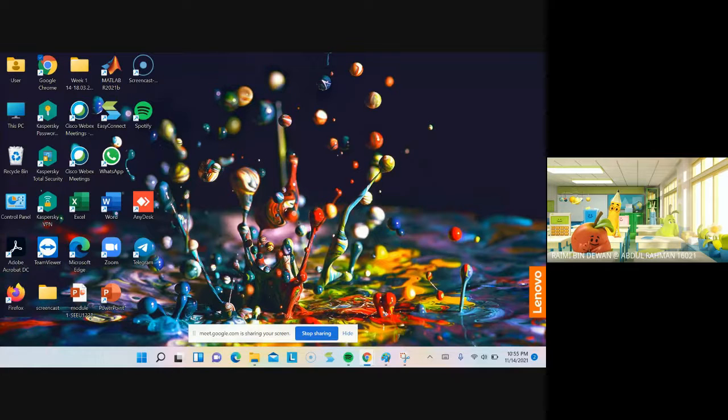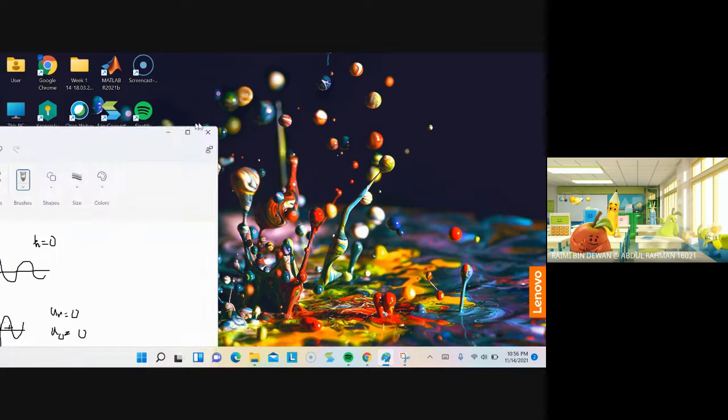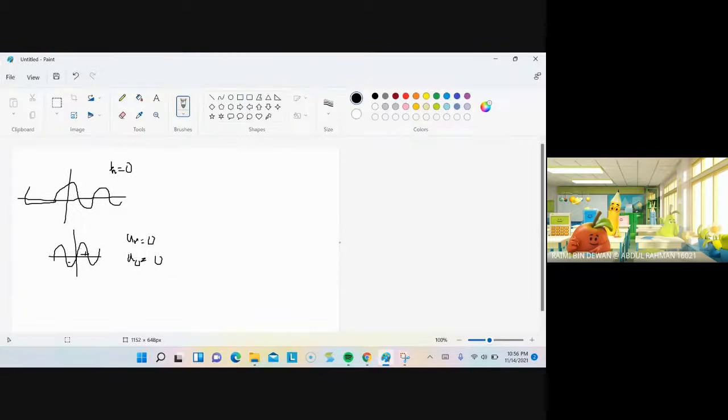Okay, so now we go to the pen. Okay, wait, I see my mouse.